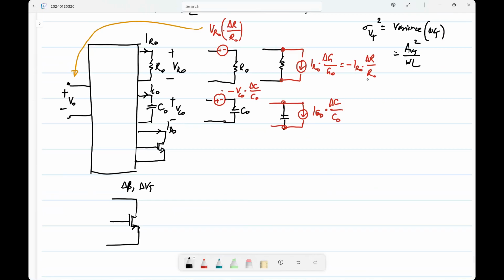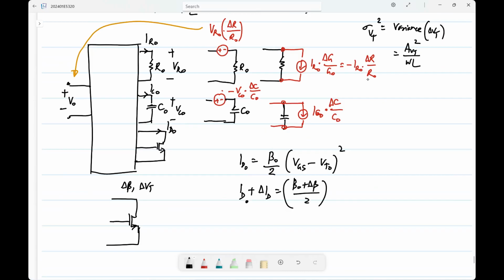So the MOS transistor's current is, the nominal current is beta naught by 2 times (VGS minus VT naught) squared. Okay. The actual current, which is ID naught plus delta ID, would be (beta naught plus delta beta) divided by 2 times (VGS minus VT naught minus delta VT) squared.